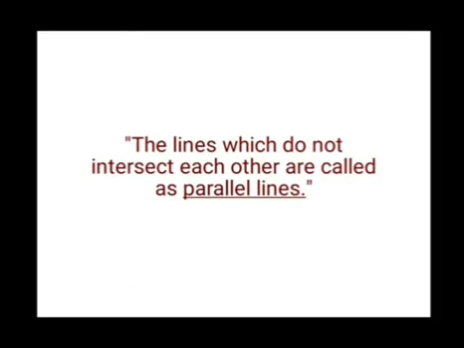Now, the thing about parallel lines is that they have a particular distance from one point to another, and the distance is the same, meaning the distance at one point and the distance at another point is the same.